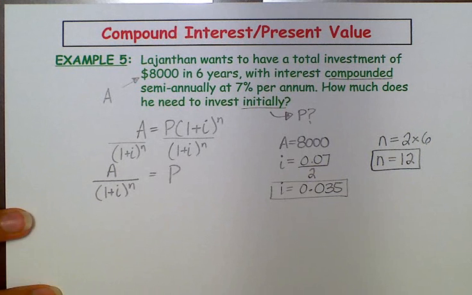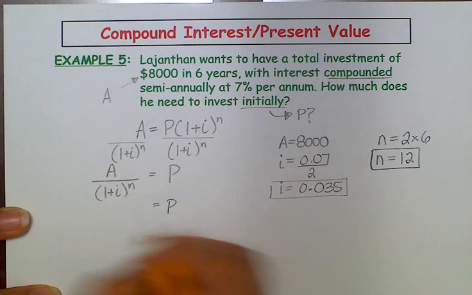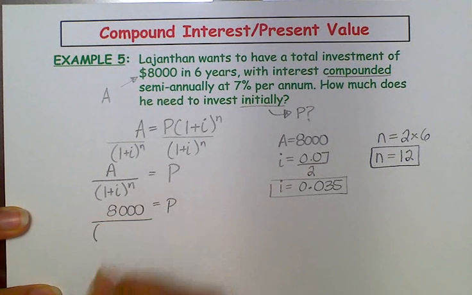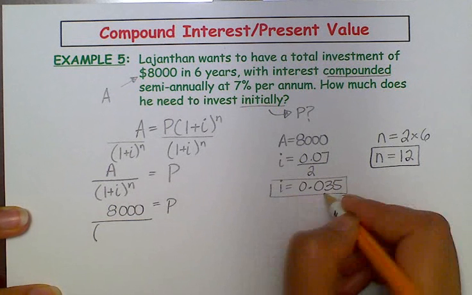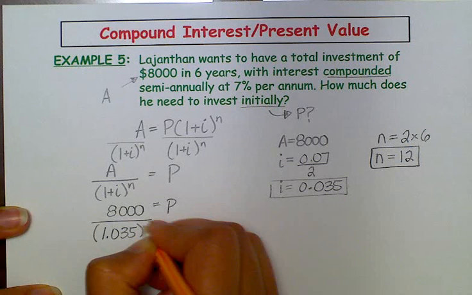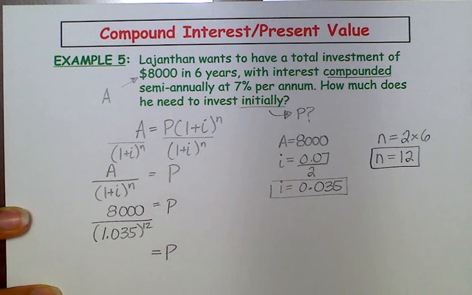I'm going to substitute it into the equation. I get 8,000 divided by 1 plus i, so 1 plus 0.035 is 1.035, to the exponent 12. Because I have all the values on the left-hand side of the equation, I can type it into my calculator and get the answer in one shot.